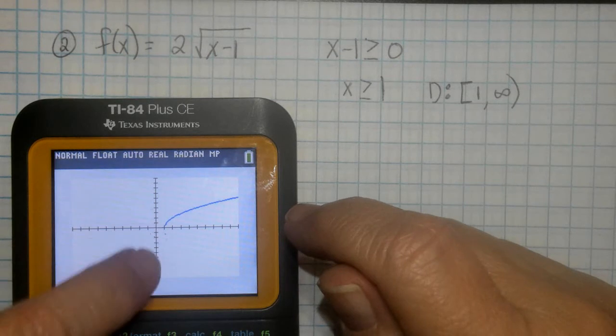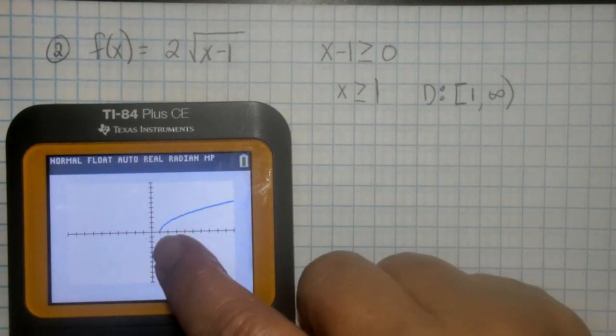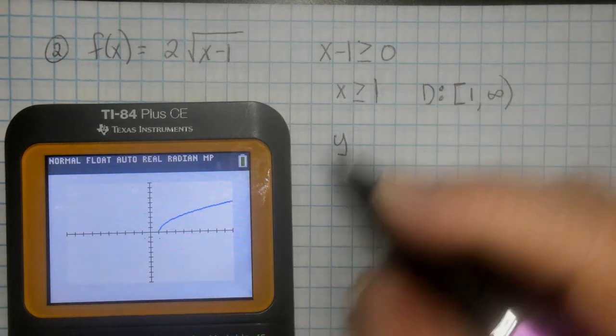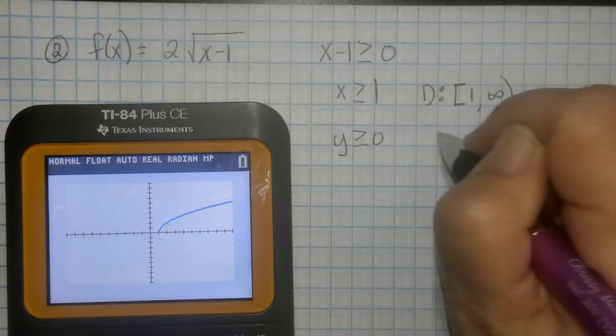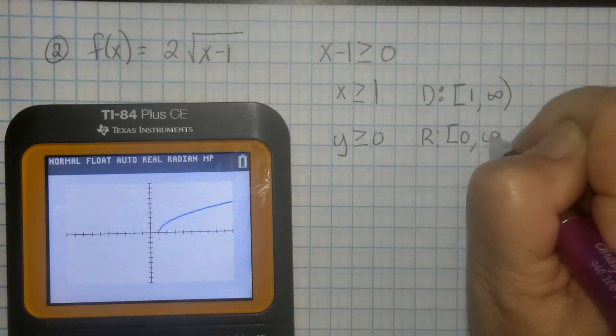Right? Don't have any graph over here. So my domain goes from 1 to infinity. What about my range then? My y is greater than or equal to 0. My range is going from 0 to infinity.